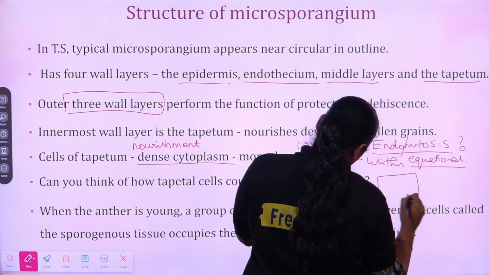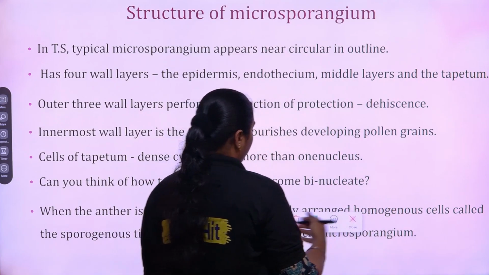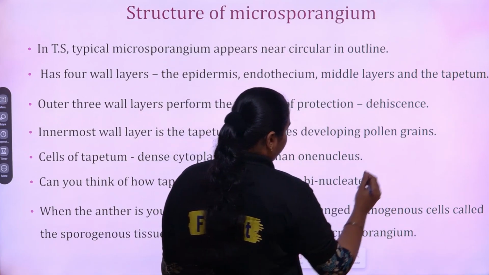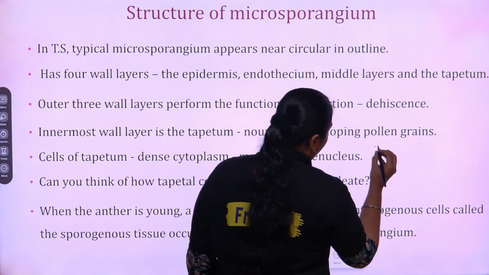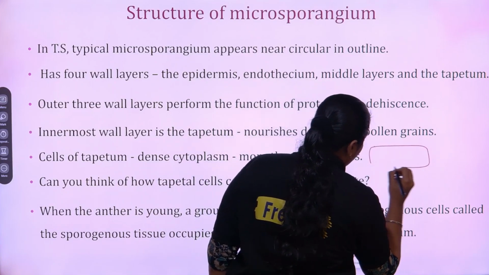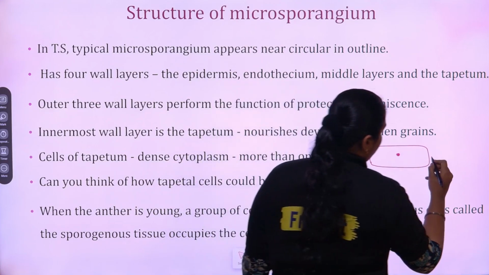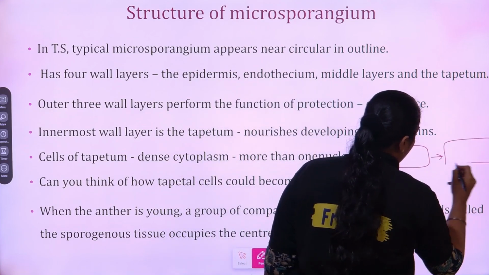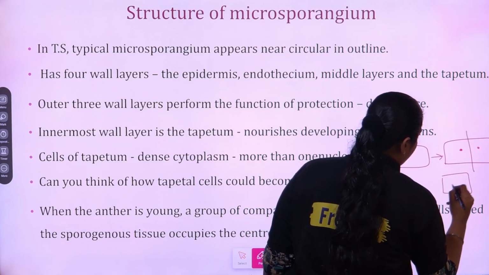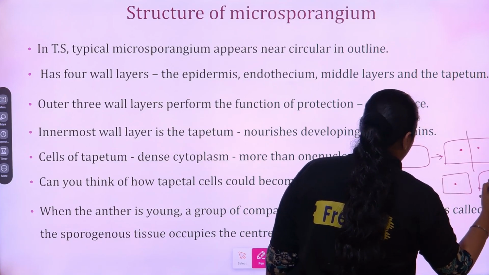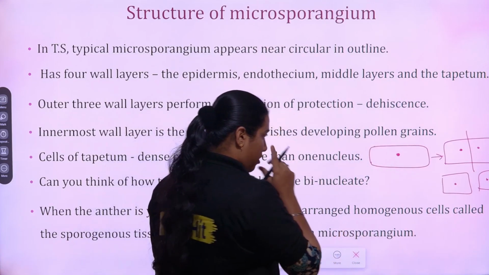So let me say we have a cell and a nucleus. What usually happens is the cell's nucleus will double up and then the cell will divide, resulting in 2 separate cells. This is normal mitosis.